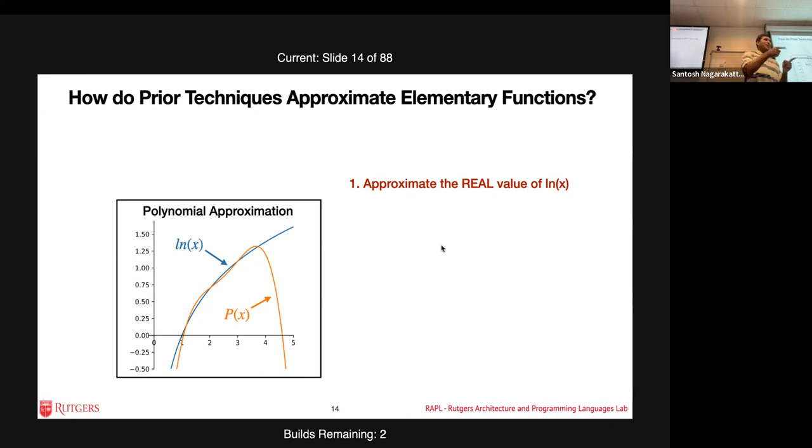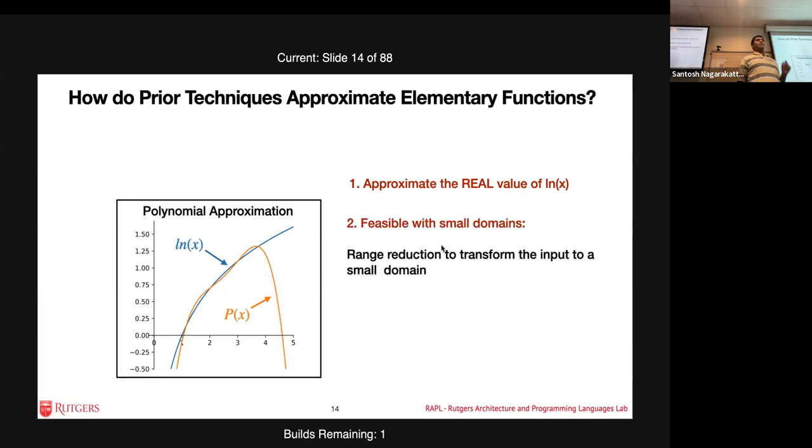If you split it up into intervals that are 1 unit wide, it is going to have a large number of polynomials. So the message I want to give is you have to reduce the domain. The first step in a math library is to do range reduction. So use the identities of the elementary function to reduce the domain from a very large domain to a small domain. So how would you do this for ln of x?